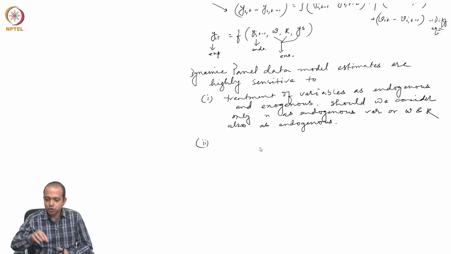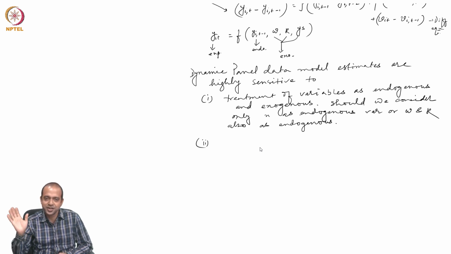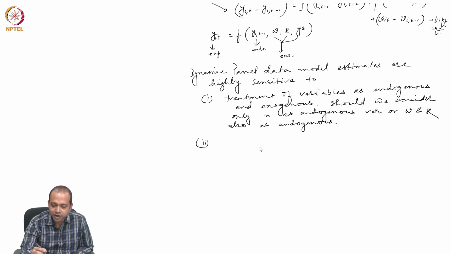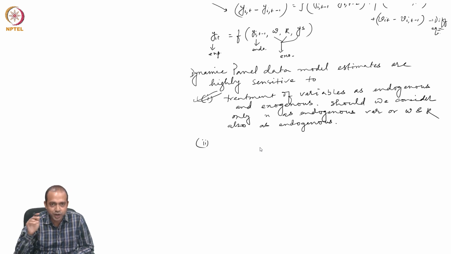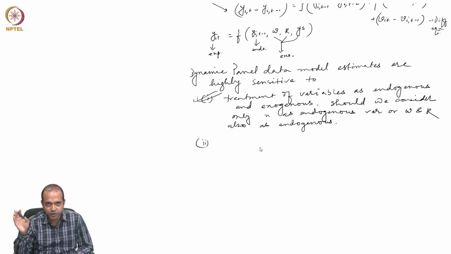So, specification of this GMM and IV alters your coefficients drastically. So, our dynamic panel data model estimates are sensitive to treatment of your variable itself, whether you consider a variable as exogenous or endogenous.